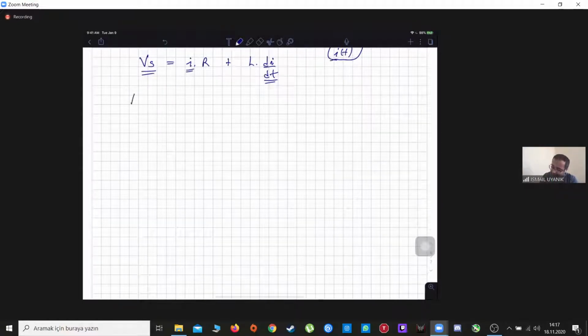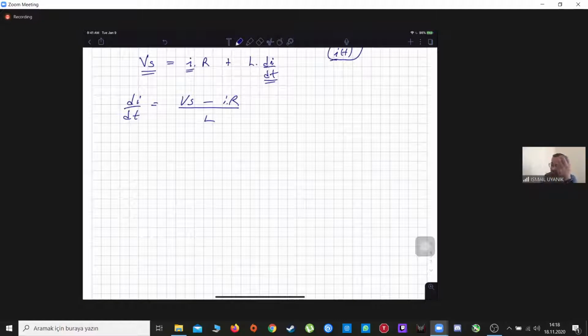That will be equal to 1 over L times, let's do this step by step, L times di/dt is Vs minus I times R. This is our first step. And then I divide everything by L. This is my di/dt in this case.